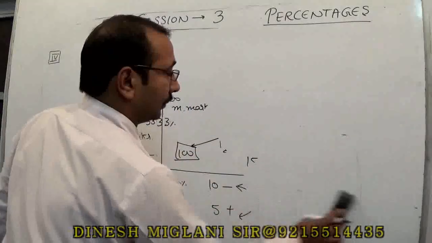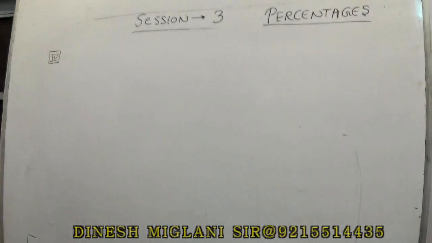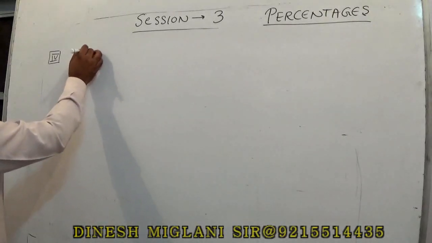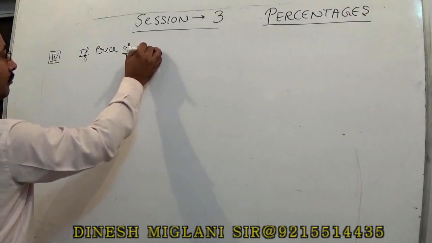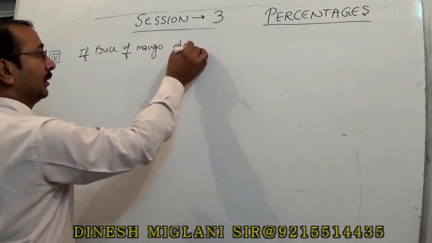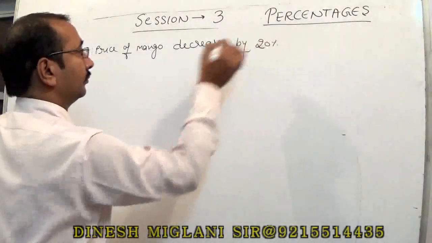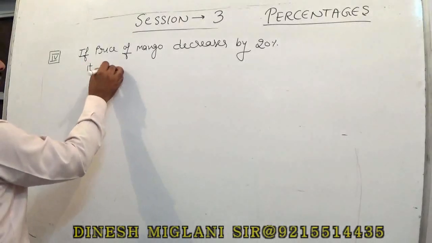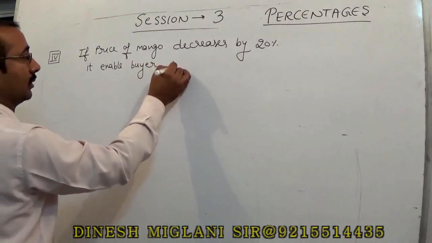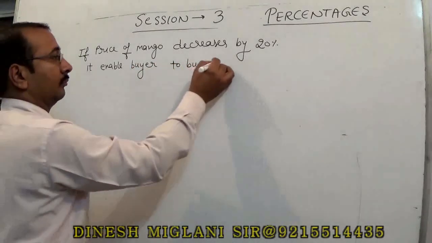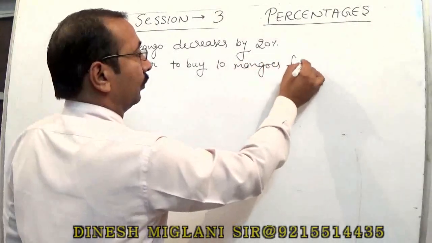We can take one more example in order to better understand this concept. If the price of a mango decreases by 20%, it enables the buyer to buy 10 mangoes more for rupees 100.